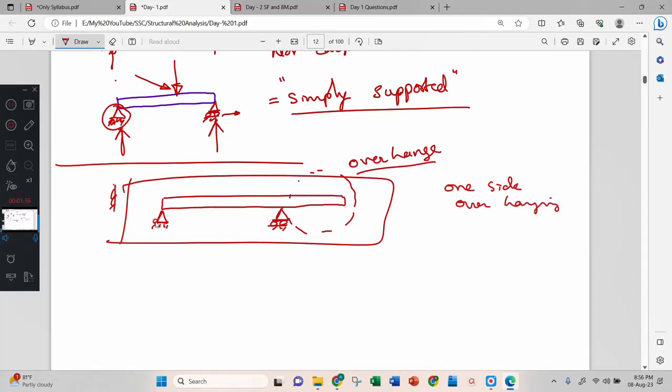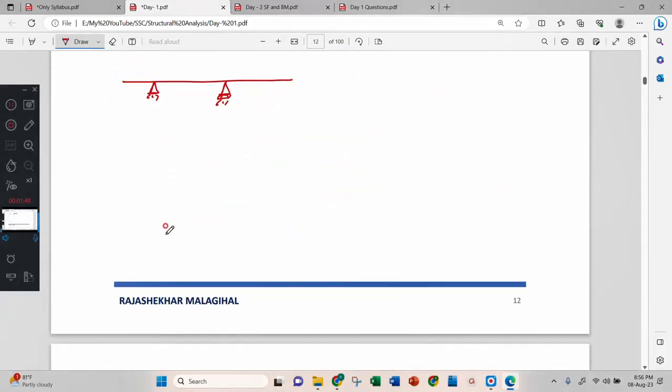Then you will also have two side overhanging beams. See here, this is your two side overhanging beam, where both sides have overhang. So we have simply supported one side overhanging and simply supported both side overhanging.